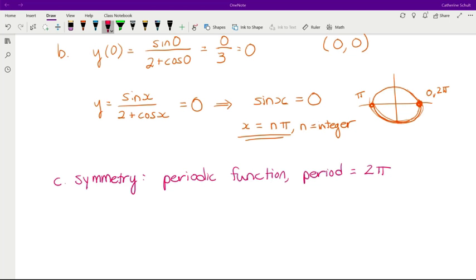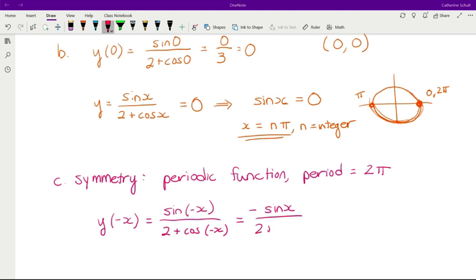Let's also see if we're an even or odd function by plugging in negative x. So then we get sine of negative x over 2 plus cosine of negative x. Sine is an odd function, so that would be negative sine of x over 2 plus, and then cosine's an even function, so that will just be cosine of x. And then look at this. This is negative sine x over 2 plus cosine x.